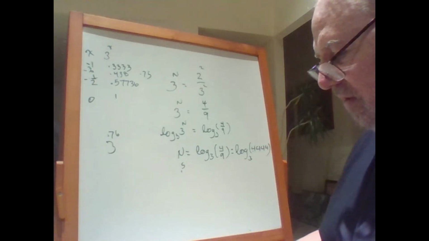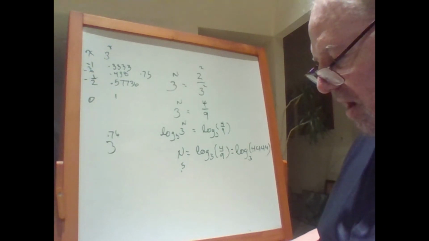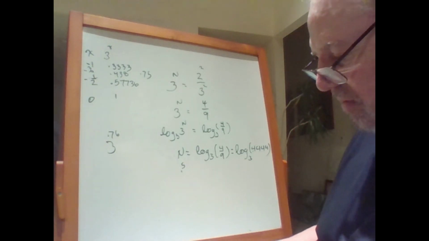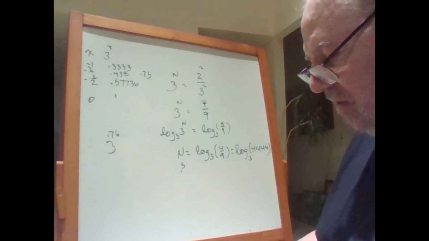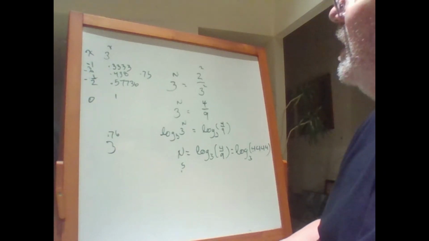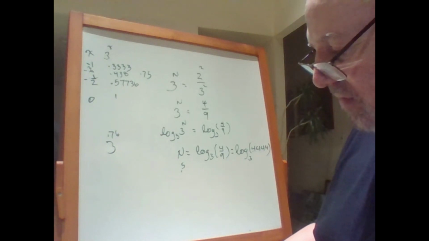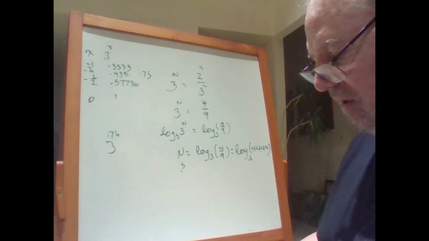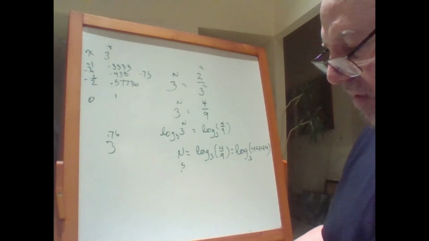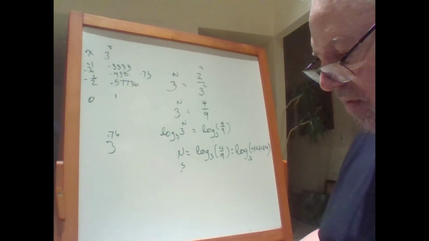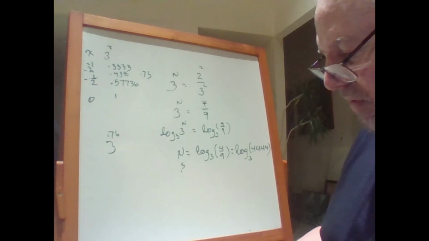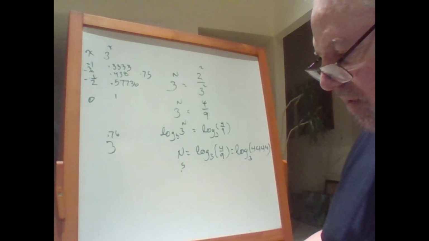Still too small. 3 raised to the 0.77, invert. 3 raised to the 0.74.